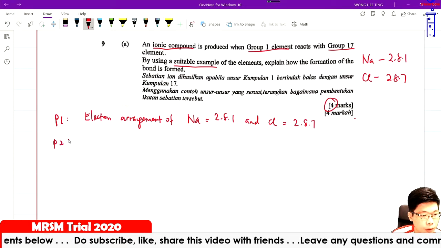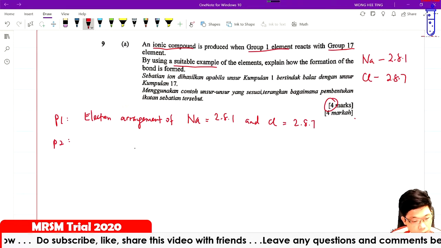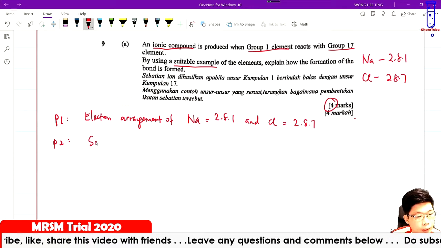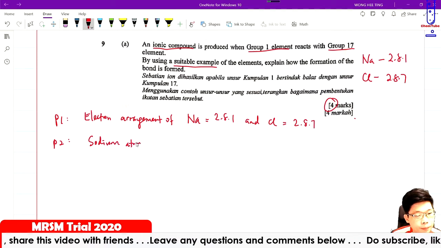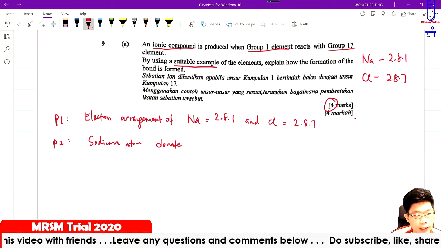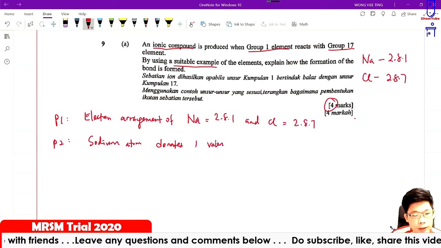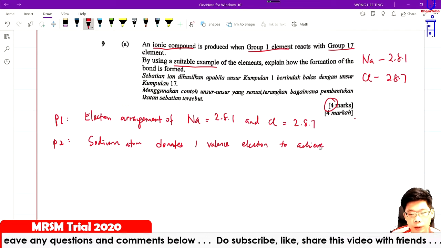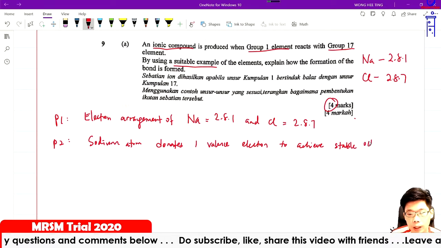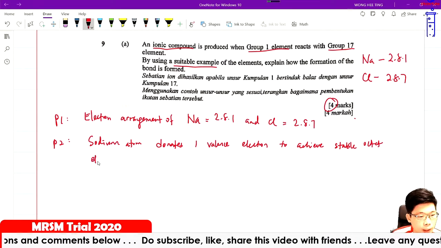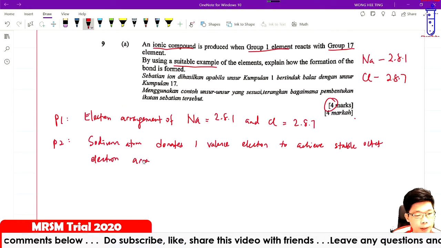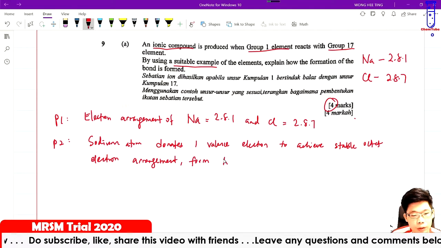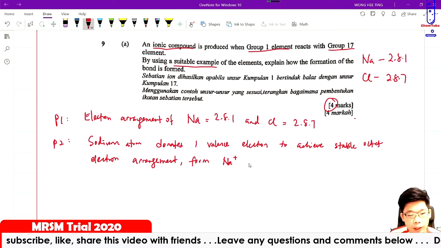Then point number 2, the sodium atom will donate or release 1 valence electron to achieve a stable octet electron arrangement, forming sodium 1 positive ions.